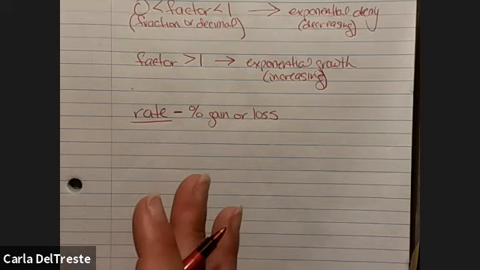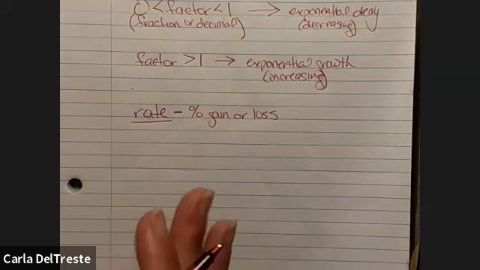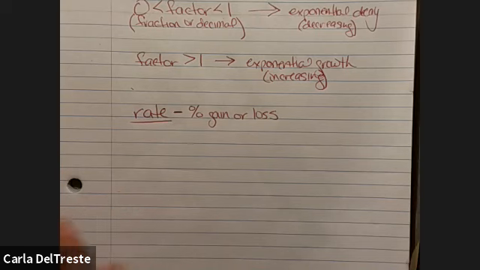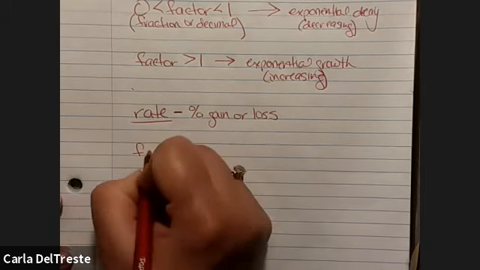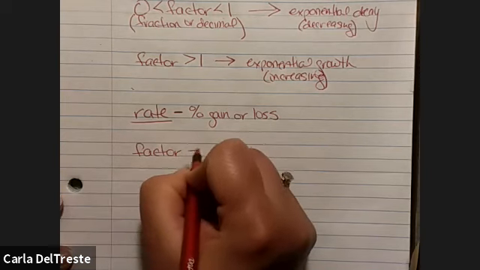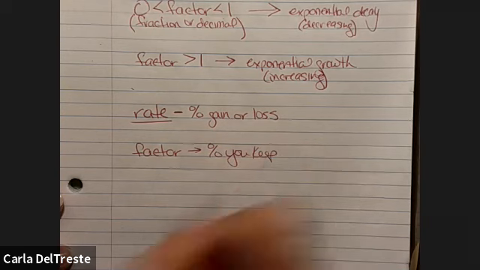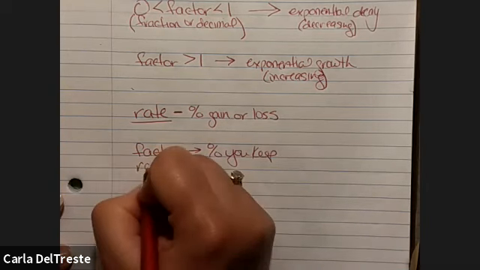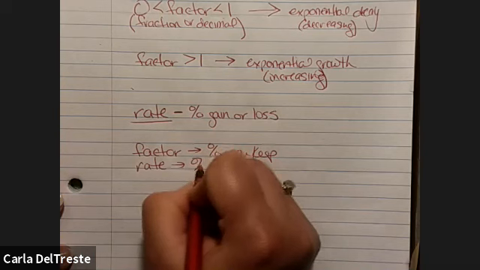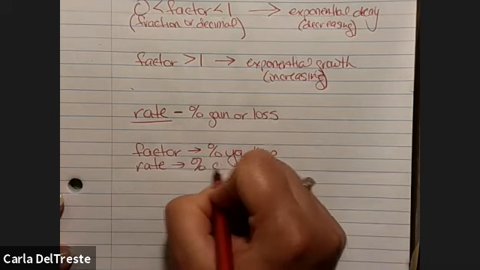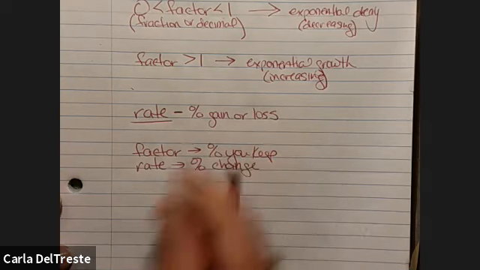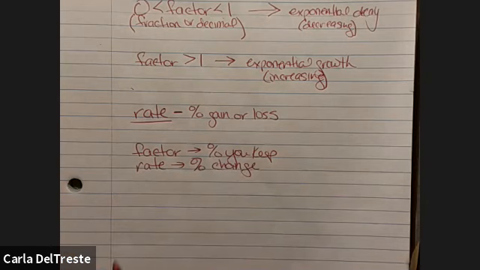Factor and rate are complements of each other. Factor is the percent that you get to keep, and rate is just the percent change, okay? The percent increase or the percent decrease. So you could think about it that way. Your factor could be converted to the percent you keep, and your rate is the percent change, okay? And again, gain or loss, but it's the percent difference.